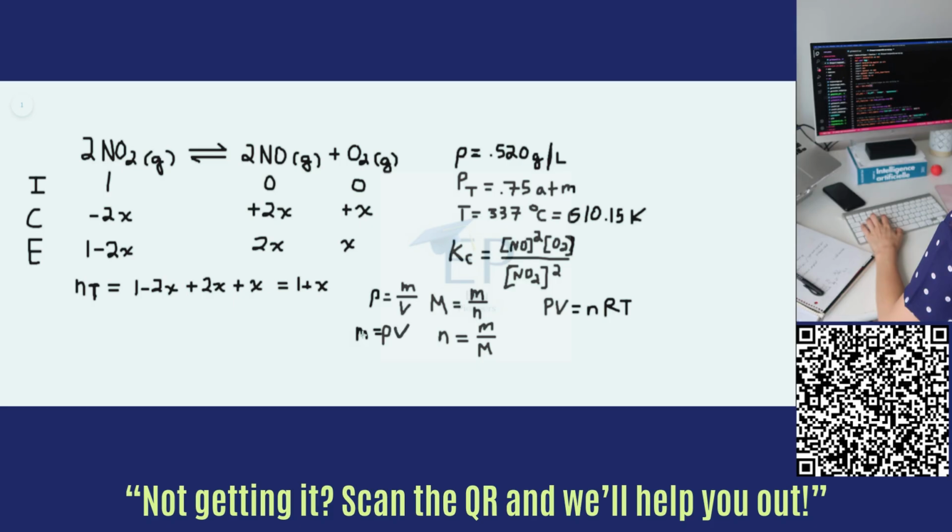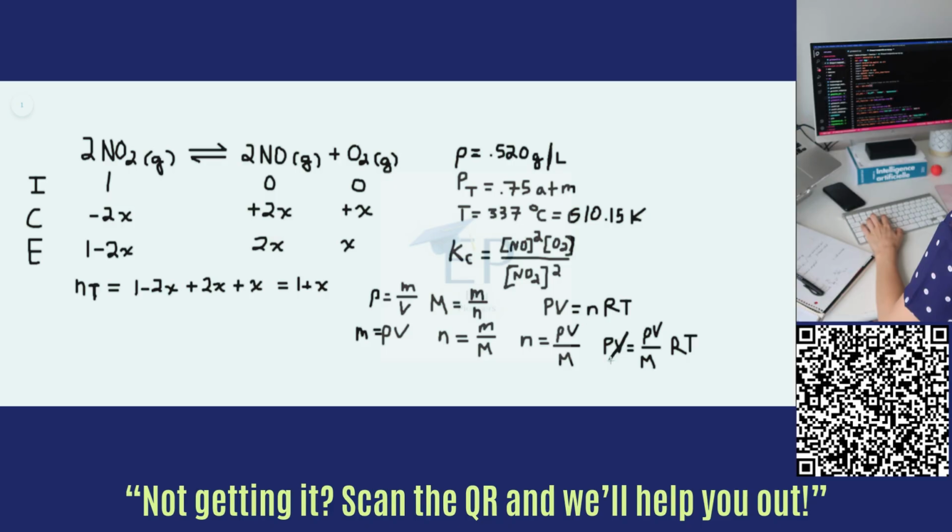And we can plug this mass into this so that we can get n equals density times volume over molar mass. And we can plug this into this equation so that we can get PV equals density times volume over molar mass times RT. All of this was just to get a new equation where we can have a molar mass term, which we'll solve for in just a moment.